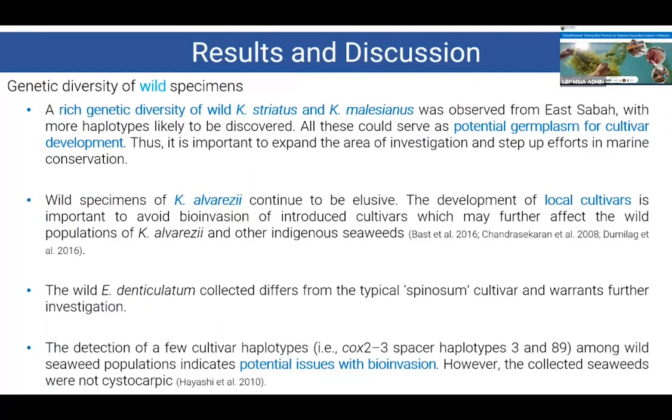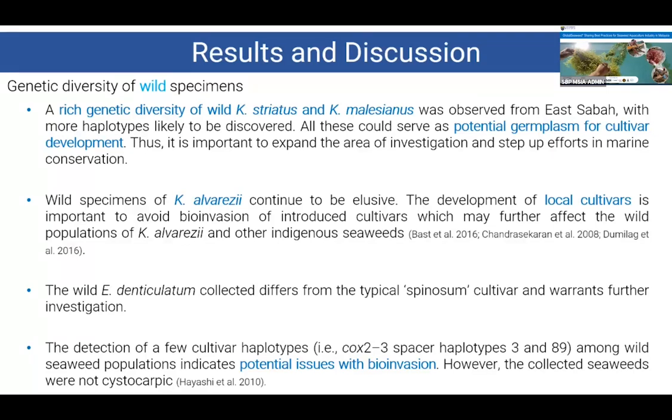Wild specimens of Kappaphycus alvarezii continue to be elusive despite years of search. Although novel haplotypes which can be developed as cultivars have been discovered in the Philippines, extra consideration should be taken into account to avoid potential bioinvasion issues which may affect local populations of seaweeds should we decide to introduce these new cultivars.